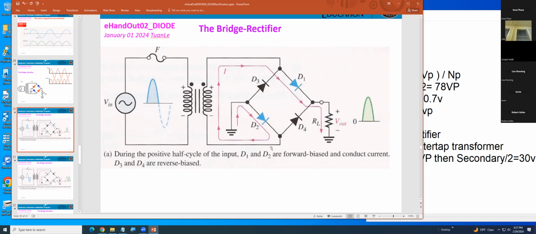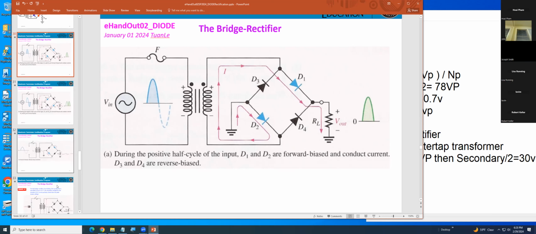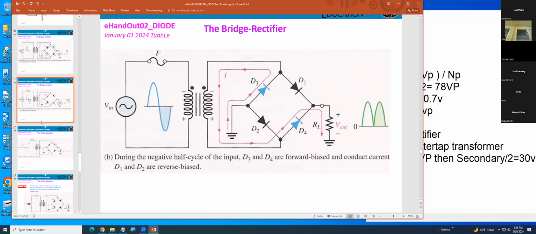So now they go to the next one back here. Basically, when D1 is on, D2 is on, the positive signal here goes here. And this is explained to you for the negative part here.